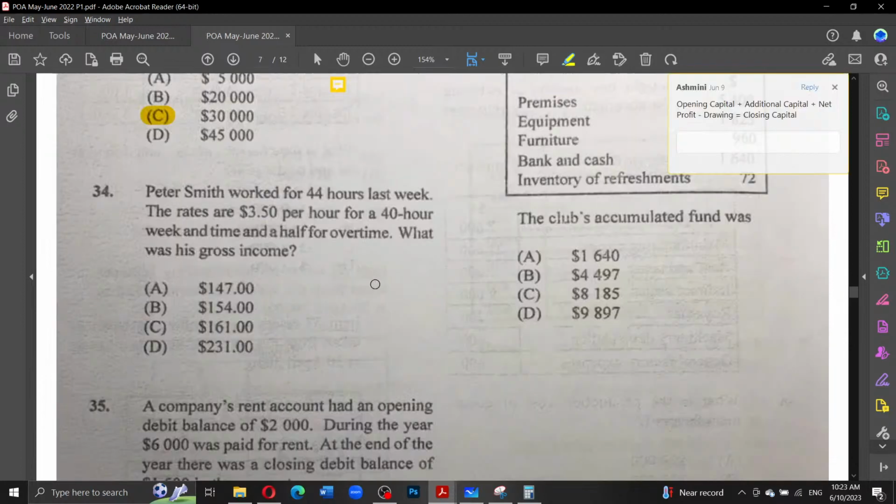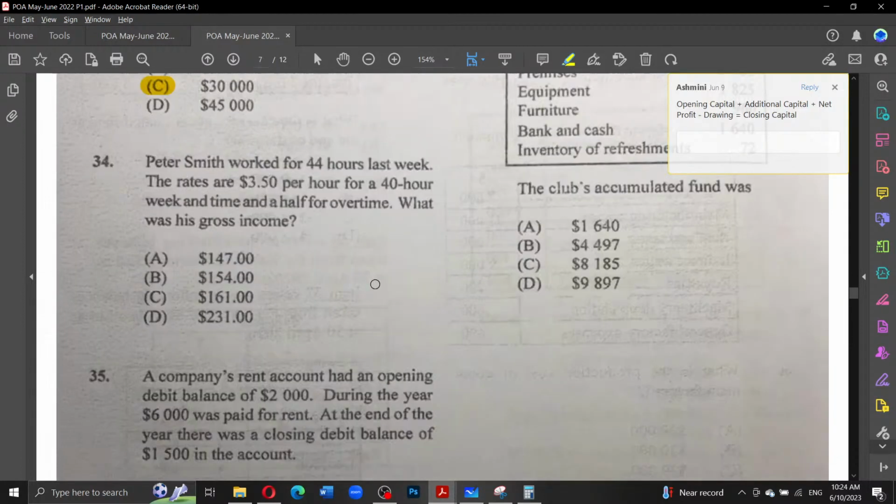Moving on to 34. Peter Smith worked for 44 hours last week. The rates are $3.50 per hour for a 40-hour week, and time and a half, which is 1.5, for overtime. What is his gross income?